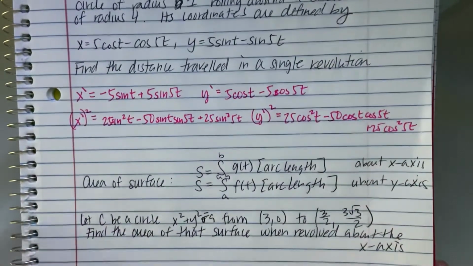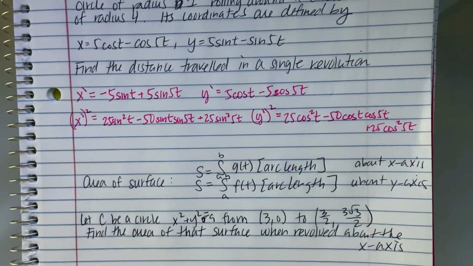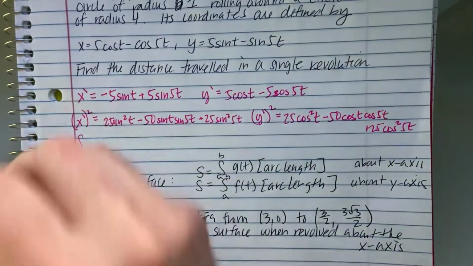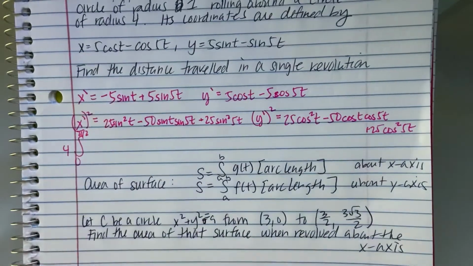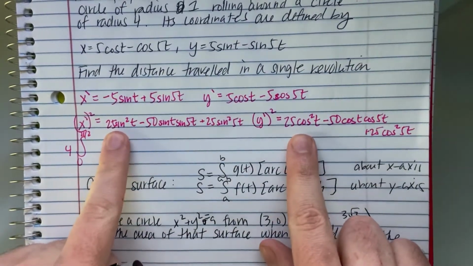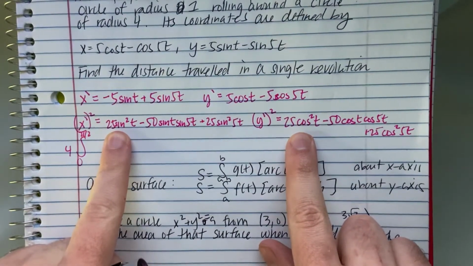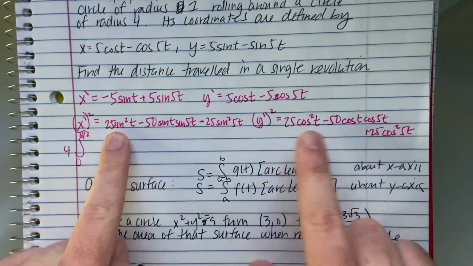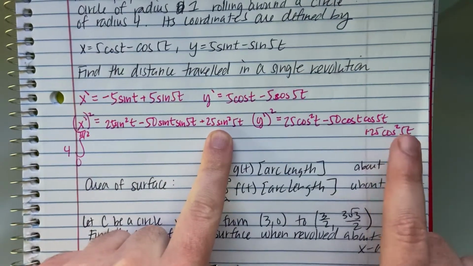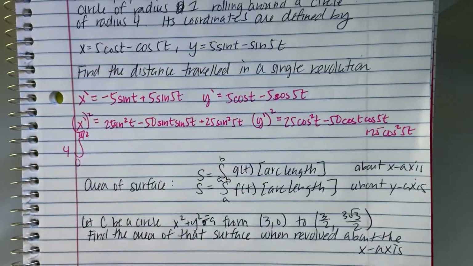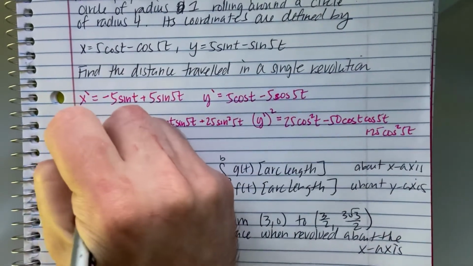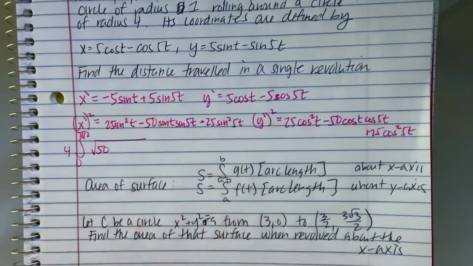Okay, those two things get added under a square root. So we have 4 times the integral from 0 to pi over 2 of the square root of all those things added together. Now 25 sine squared t plus 25 cosine squared t, and 25 sine squared 5t plus 25 cosine squared 5t, those will just become 25s each, so this should be 50.